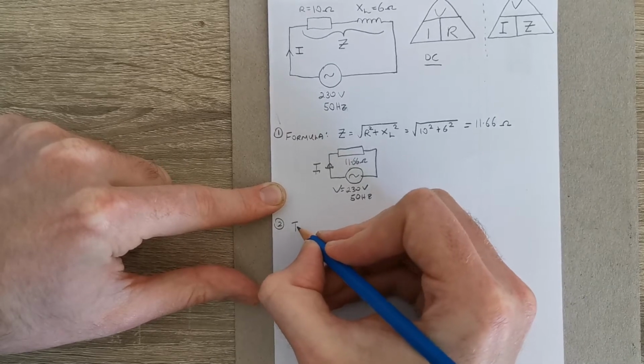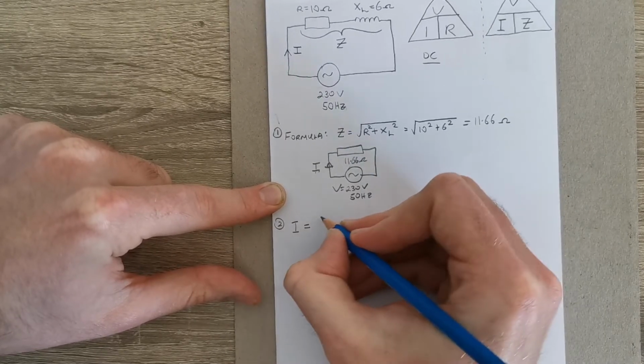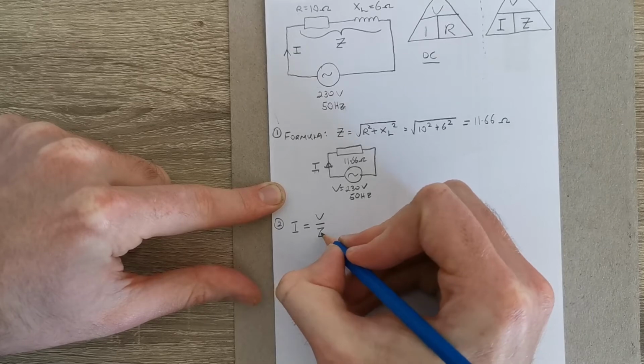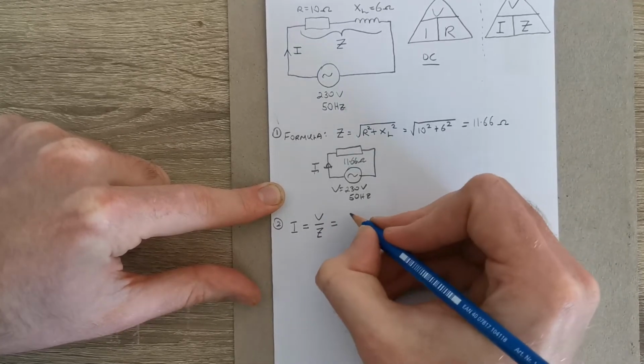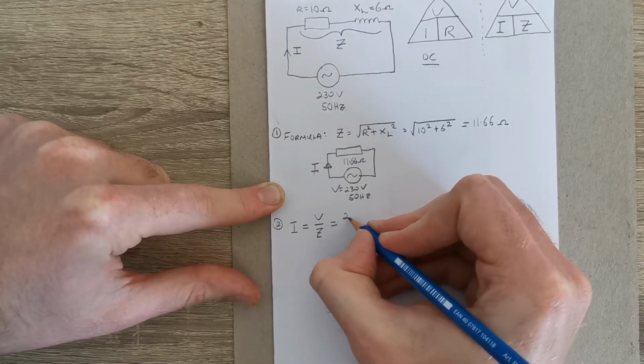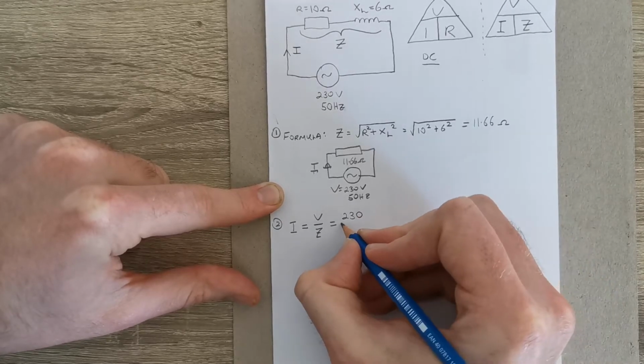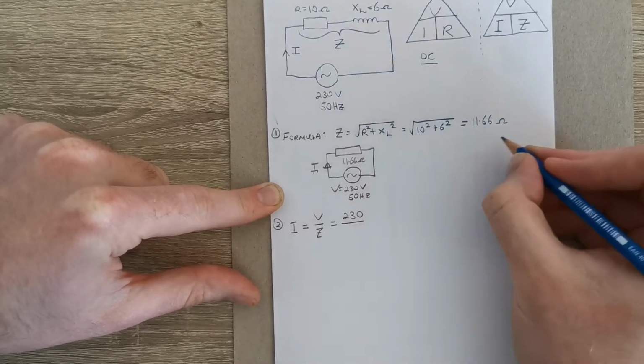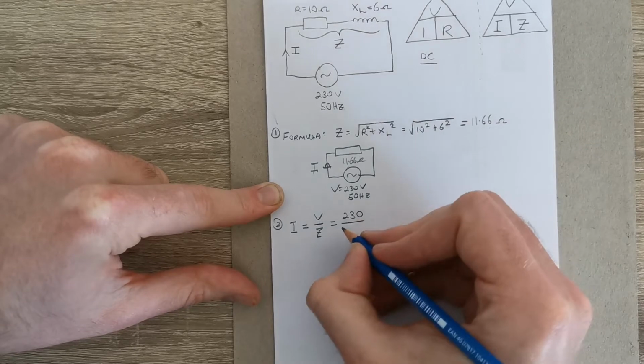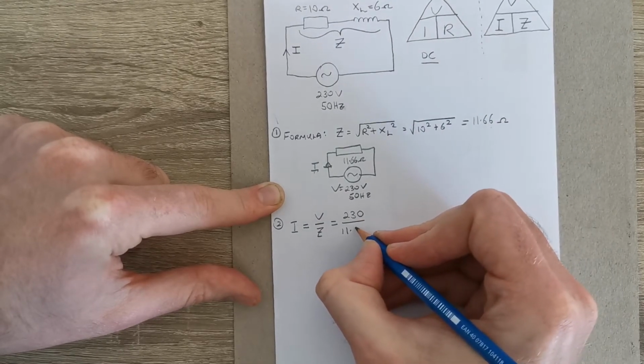The magnitude of the current I is just going to be V over Z, the impedance. So we have our voltage, which is 230 volts, over our impedance, which we worked out previously at 11.66 ohms.